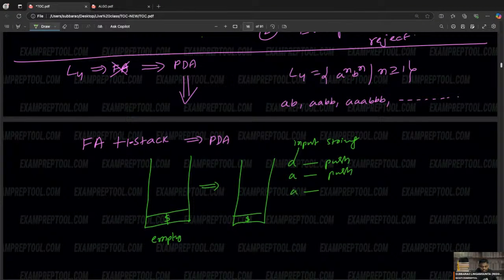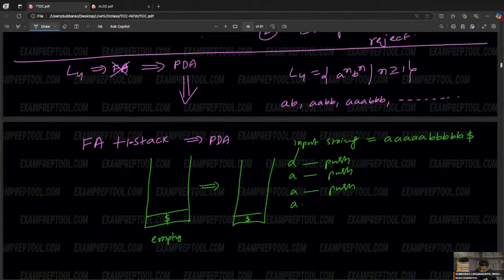Let us assume my input string is 5 A's followed by 5 B's, and lastly followed by a dollar. Assume that every string has an end marker also. Otherwise, how do I know the string is over?